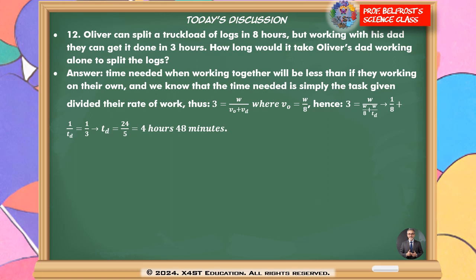So you can create an expression, do some multiplication, division, reciprocal, and you get the result. So the time needed for Oliver's dad to split the logs alone is 24 divided by 5, which is 4 hours and 48 minutes. Done.